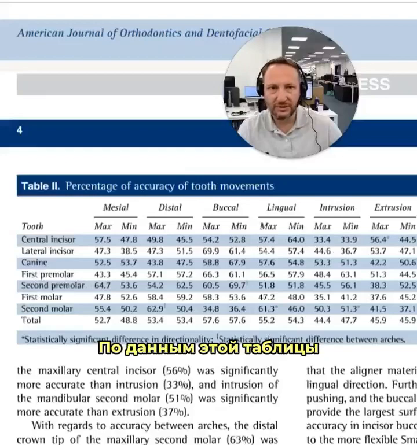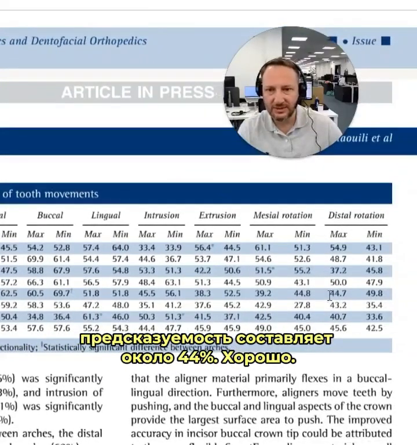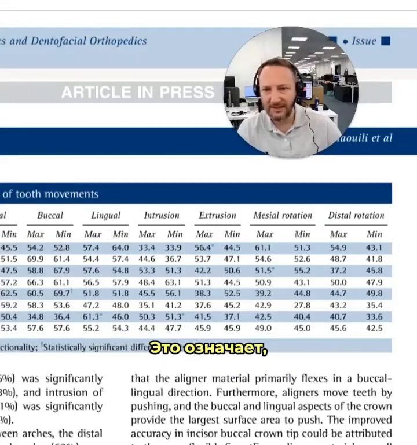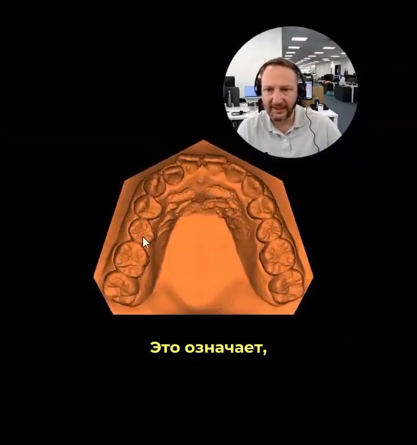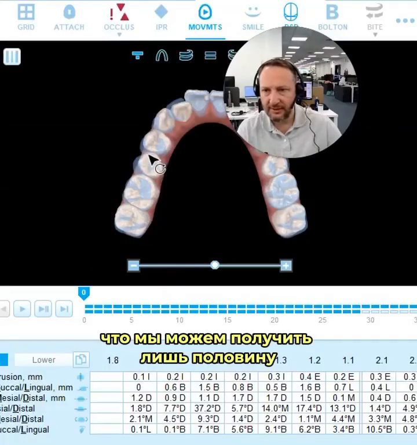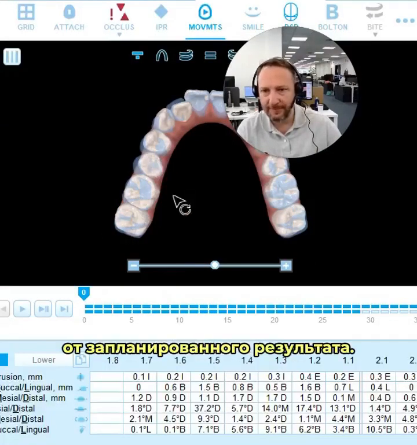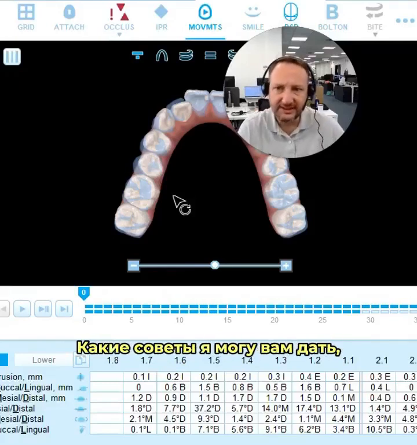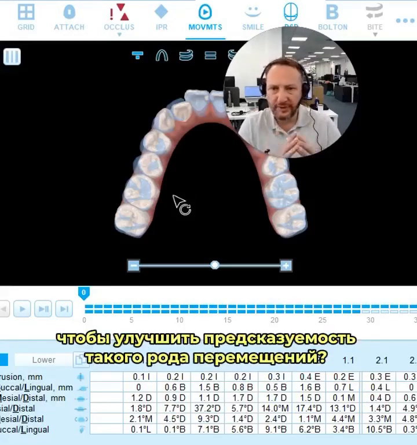For rotation, the predictability is around 44 percent, meaning that what we plan in the ClinCheck, we may achieve only halfway. So how can we improve this? What tips can I provide to improve the predictability for this kind of movement?